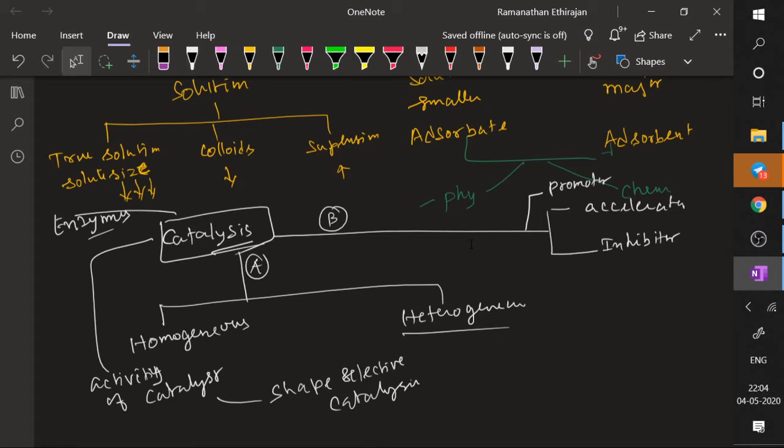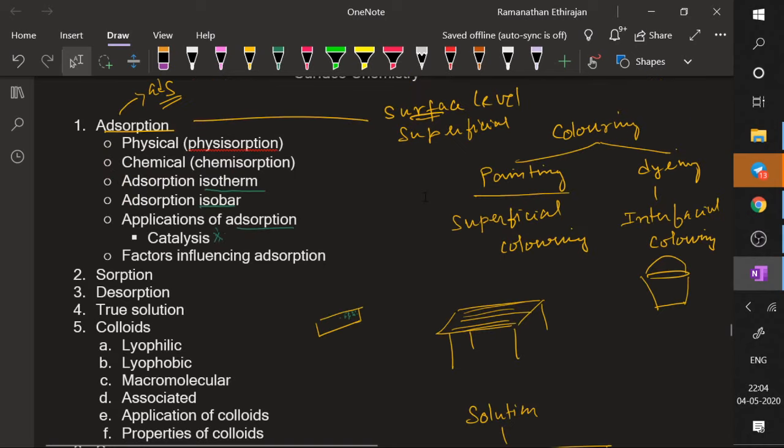Then I was discussing the factors affecting adsorption, or factors influencing adsorption. Take this down.